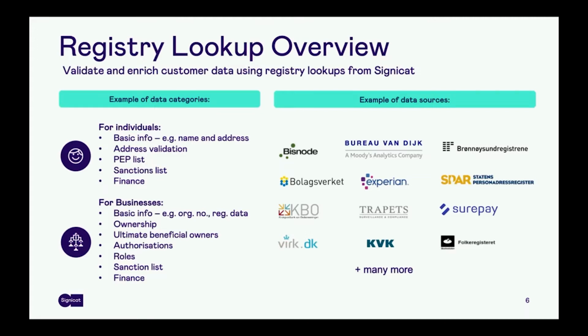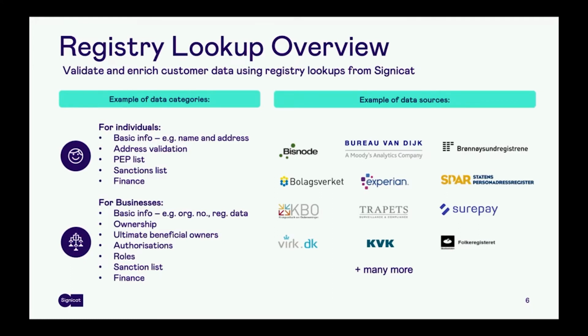And this will give us back the name of a person, address, nationality, birth location, etc. We can also verify addresses for people all across the globe. We can screen against lists with politically exposed persons, sanctions, and also adverse media. And we can retrieve finance info for a person, such as payment score, payment remarks, and income and wealth data.